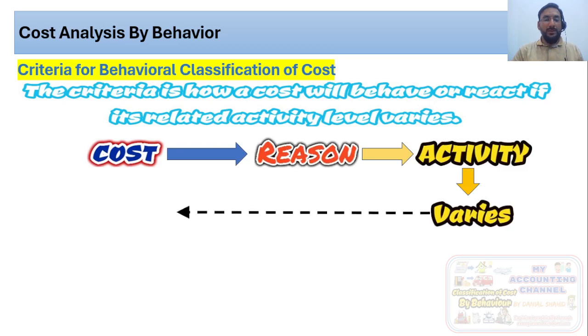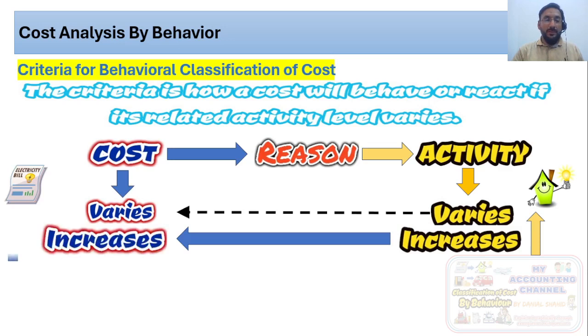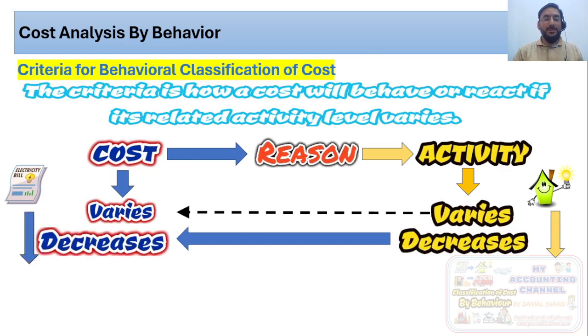If the activity varies and the cost varies too, let us take an example of electricity usage. If you use electricity in a higher mode, we will face an electricity bill of higher charges, and if we use low electricity, we will face a lower electricity bill.